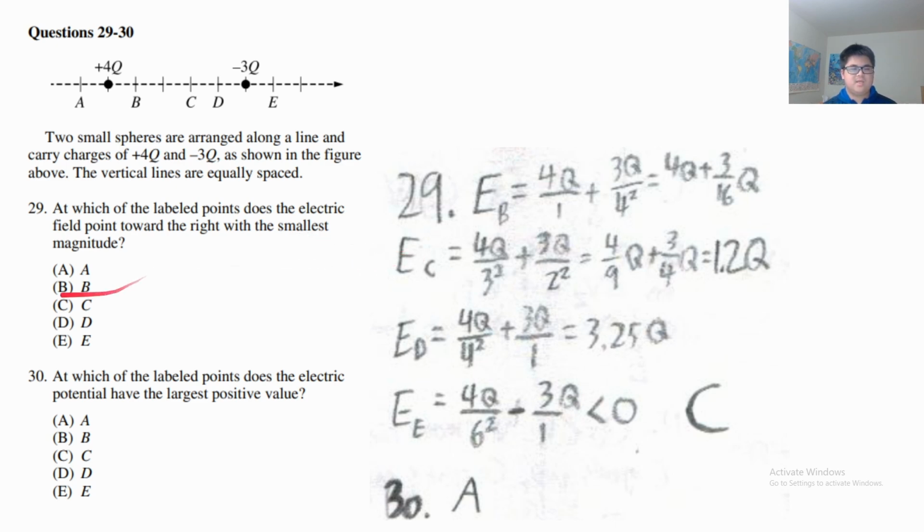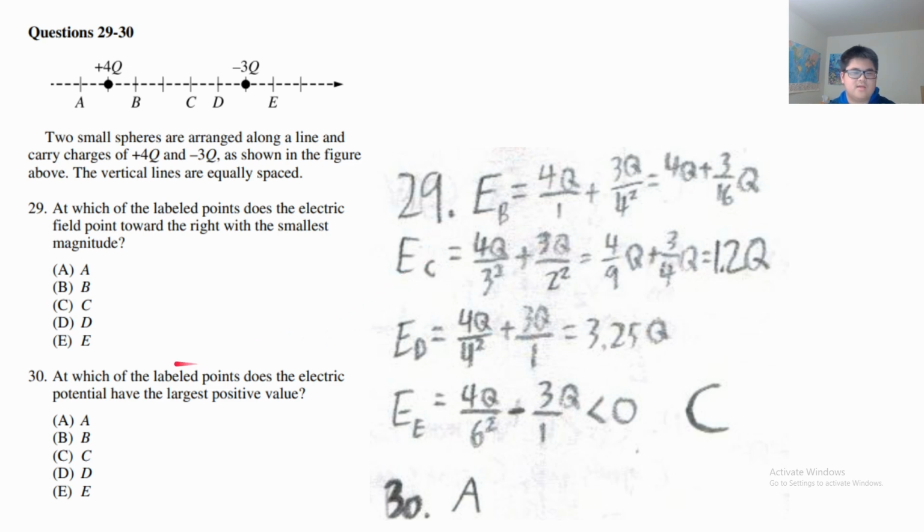So therefore it must be either B, C, or D. Now we just calculate the magnitude of the electric field at points C, B, and D, and we find that the one with the smallest magnitude is point C. So the correct answer to question 29 is C.